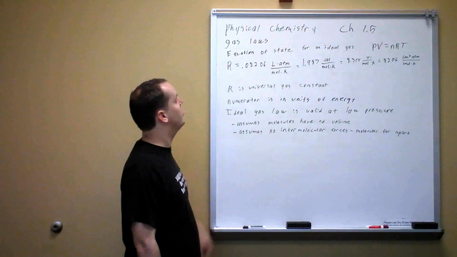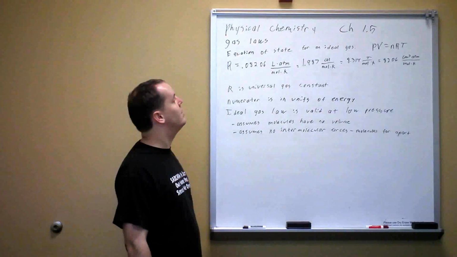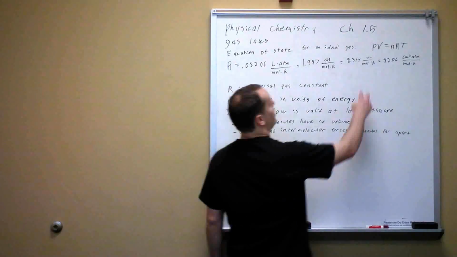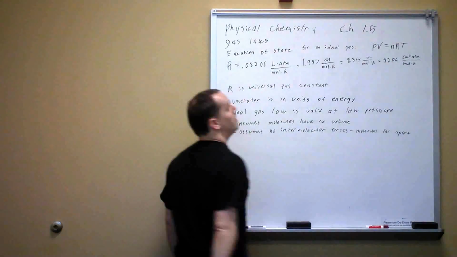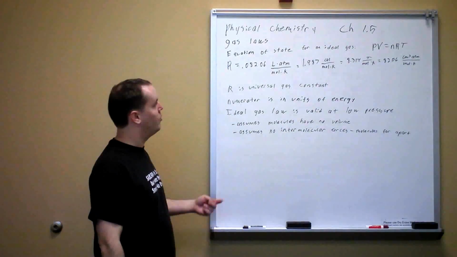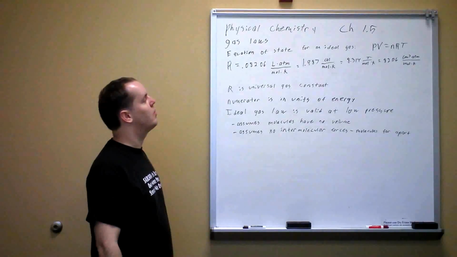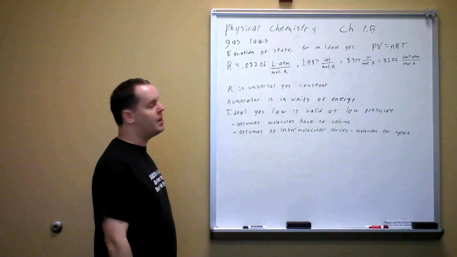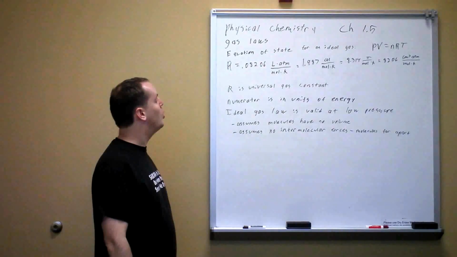Notice in each of those cases, the numerator is in units of energy. In fact, in the ideal gas equation, both of these sides are equal to units of energy. That's one of the reasons that it's written like that, instead of, say, solving for P and writing it as a fraction.